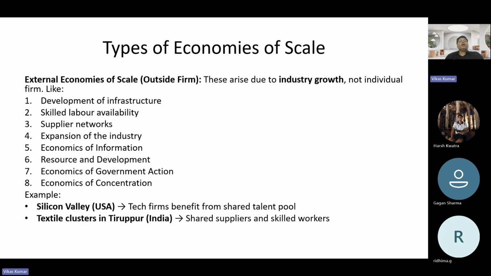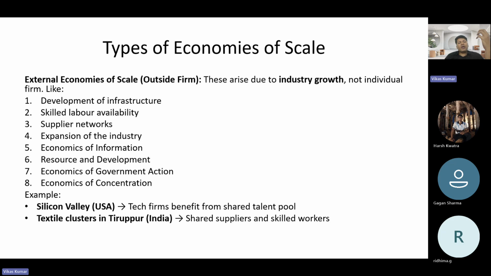And again, if an industry grows, then the firms within that industry will eventually get the external economy of scale. So there are textile clusters in Tirupur in India, or in Bengal, or in Odisha, or in Panipat, Haryana. When it comes to science equipment, Ambala is there.